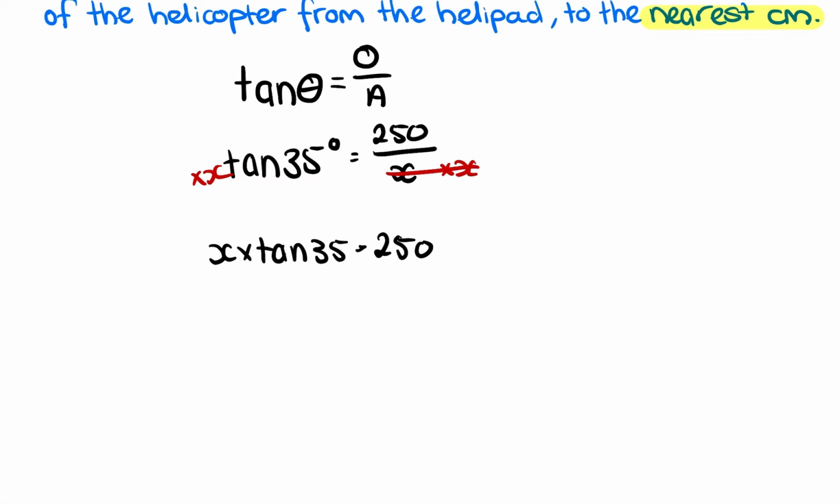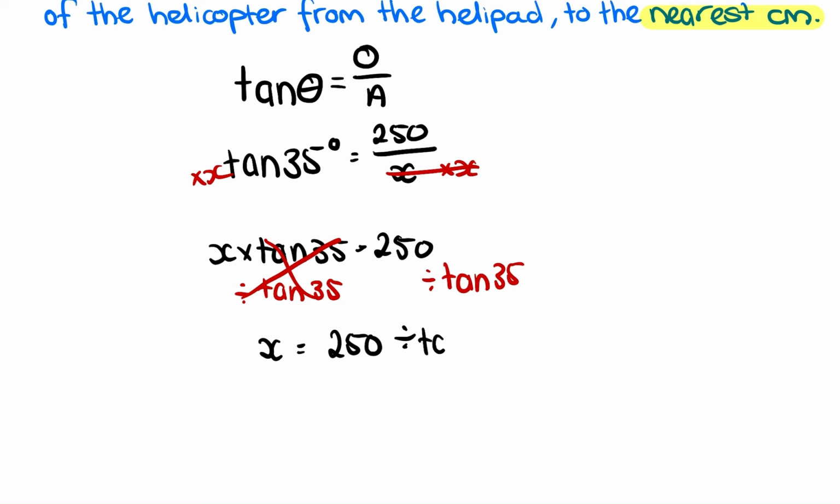I still have another step. I don't want that tan with the X, so now I'm going to divide by tan. Whatever I do to one side, I need to do to the other side. This cancels the tan out, leaving us with only X. So we get X equals 250 divided by tan of 35.